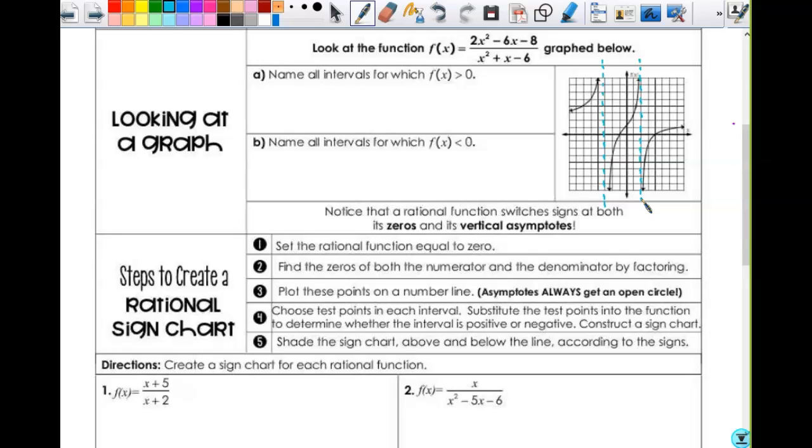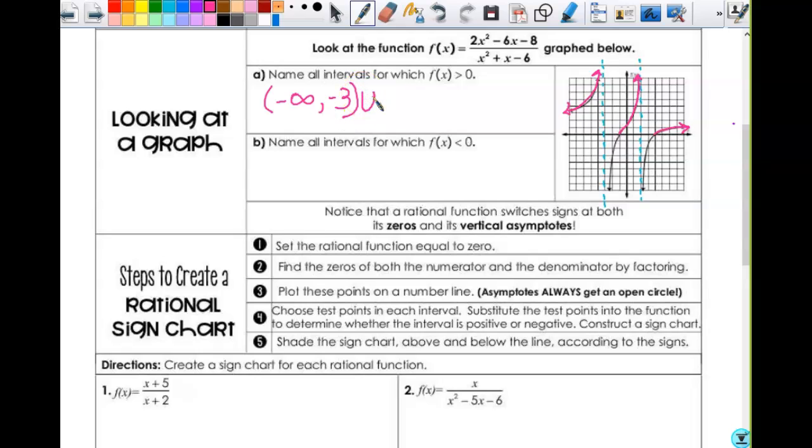So if I want to name all of the intervals for which f of x is greater than 0, then I have this part, and this part, and this part. Remember we're talking about y, but we write about x. So from negative infinity, I go all the way to negative 3. I never include my infinities, but I'm also not going to make it all the way to negative 3 because there's an asymptote there.